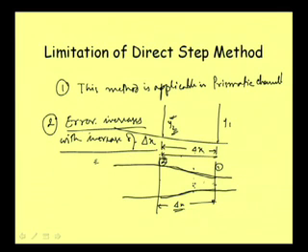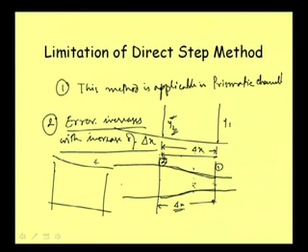Why? Because, well, let me draw another diagram here. Suppose the flow profile is, or the energy slope line may not be straight. Suppose the energy slope line is like this.